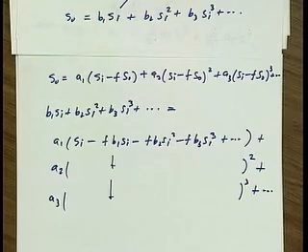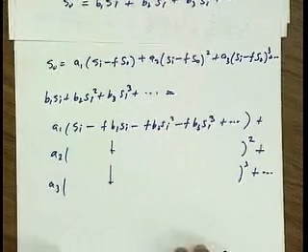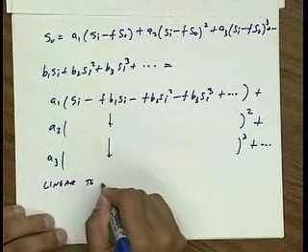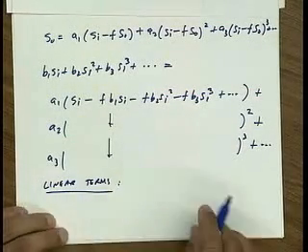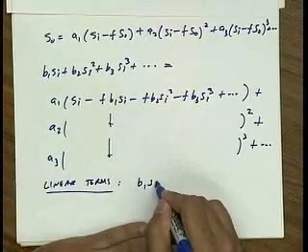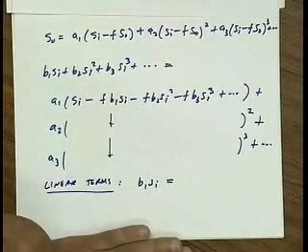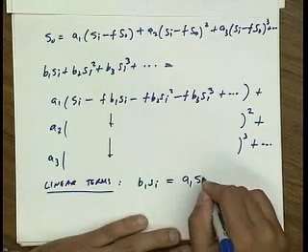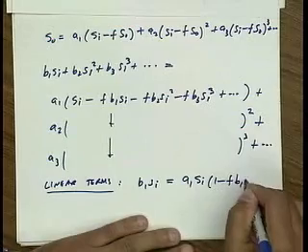Okay, so now we equate coefficients. Let's start out with the linear terms. On the left-hand side, B1 is the linear term. On the right-hand side, I have A1 S input times (1 minus F B1).